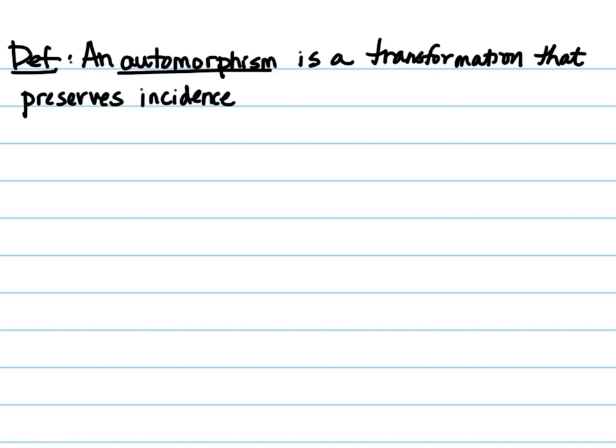So an automorphism is actually also a collineation because it preserves incidence. It also preserves betweenness. And it preserves congruence.